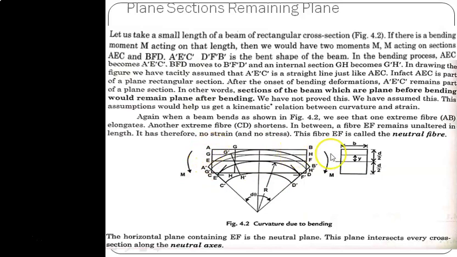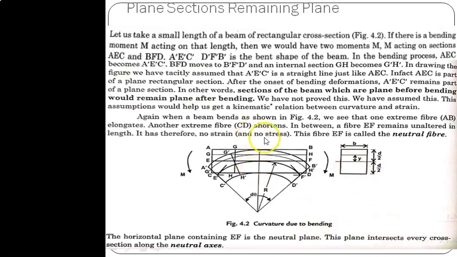But there is another fiber, EF, which has the same length, so there will not be any stresses on this fiber. That fiber is called the neutral fiber. The horizontal plane containing EF is the neutral plane. This plane intersects every cross section along the neutral axis.